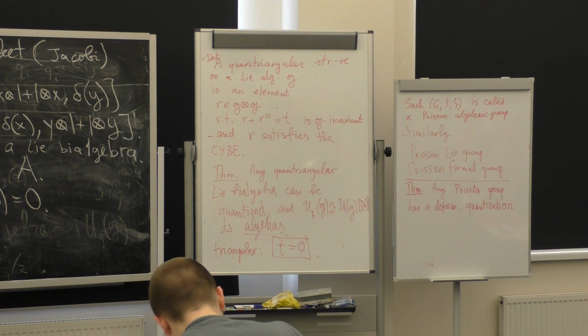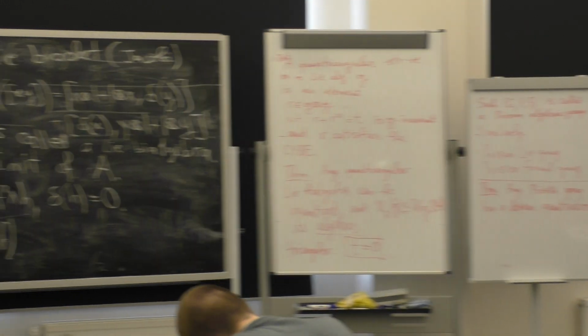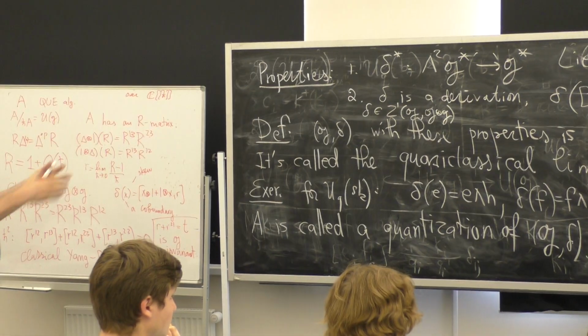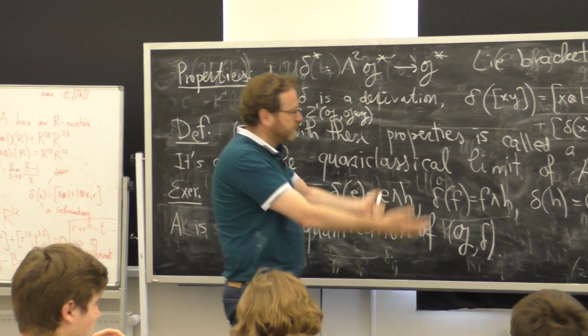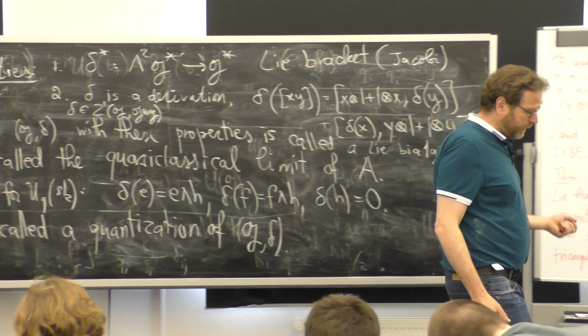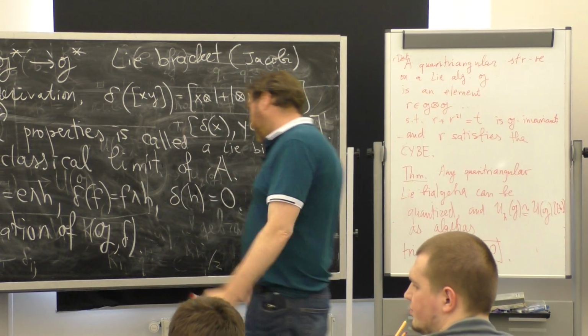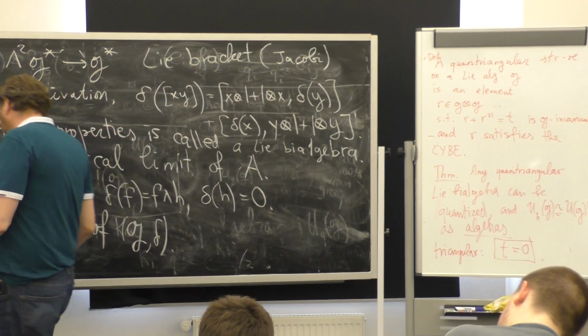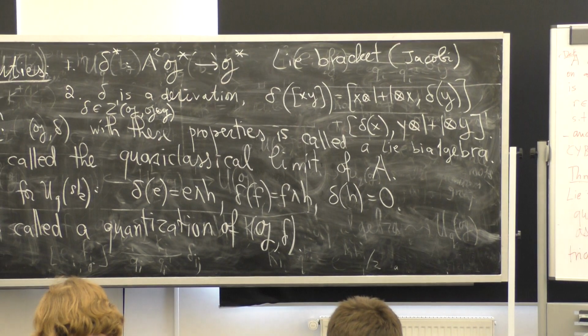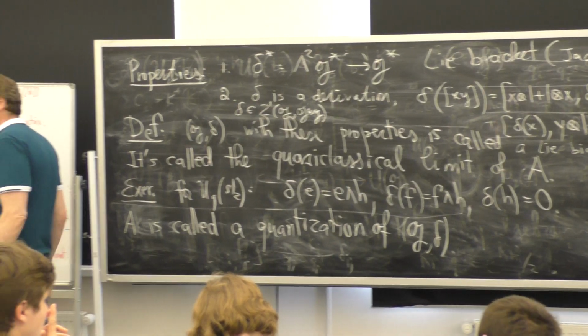And so Yangians and quantum affine algebras, well, quantum affine algebras we already defined because it is just these U_q of G for affine Lie algebras, but their limits, which are Yangians, can also be obtained by thinking about this quasi-classical picture, which is very useful. So this is why I spent some time talking about it.